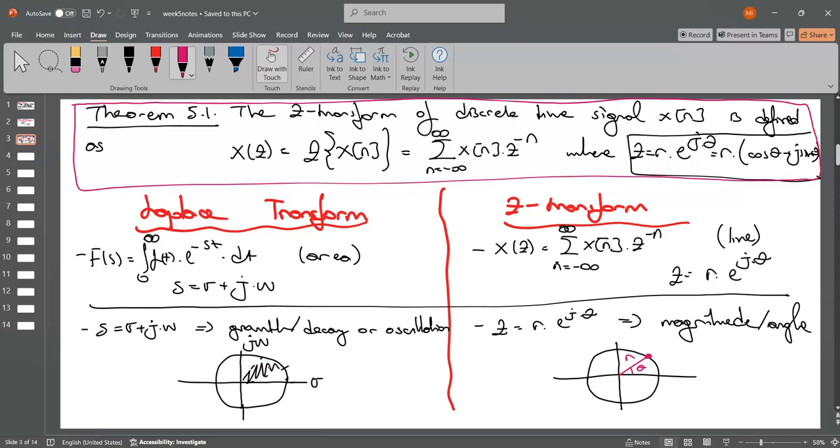See, this area should be analyzed or summed or processed in order to generate the transfer function of the continuous system. But in the discrete domain, we have discrete signals at each theta value. And so we can evaluate the line, not the area of these terms.